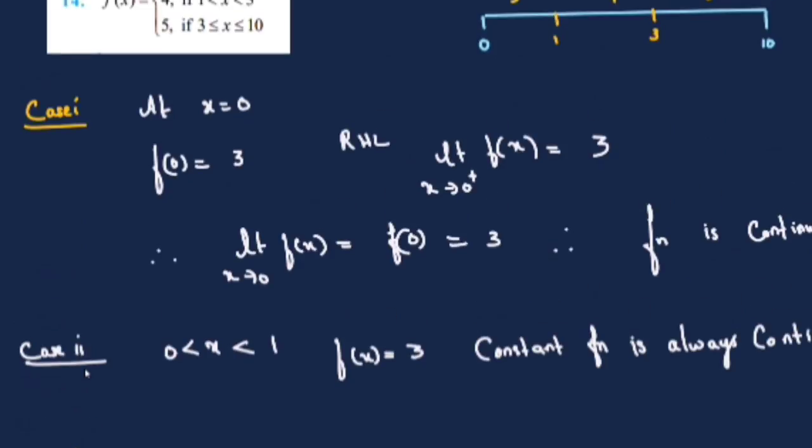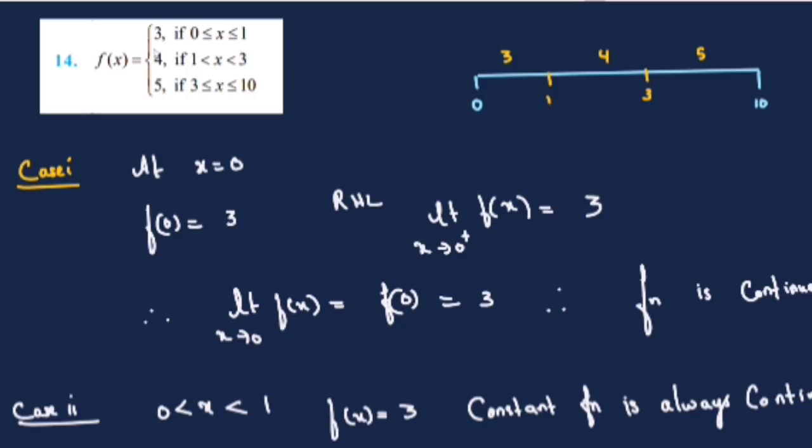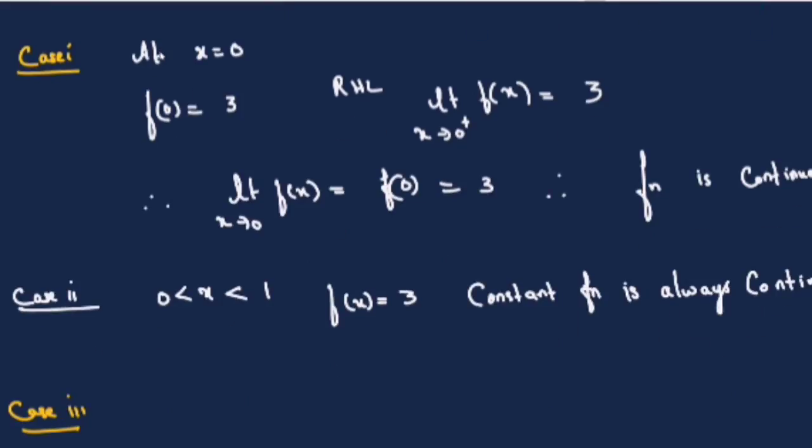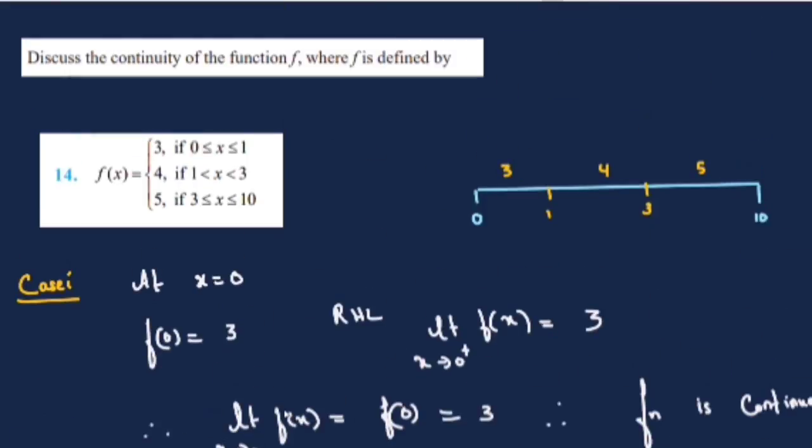Case 3 at 1. So at 1, f of 1, the function at 1 is, see at 1 what is the function value given? 3. Okay, at x equal to 1 they are given 3. So f of 1 is given as 3. Now we have to find the left of 1 and the right of 1.